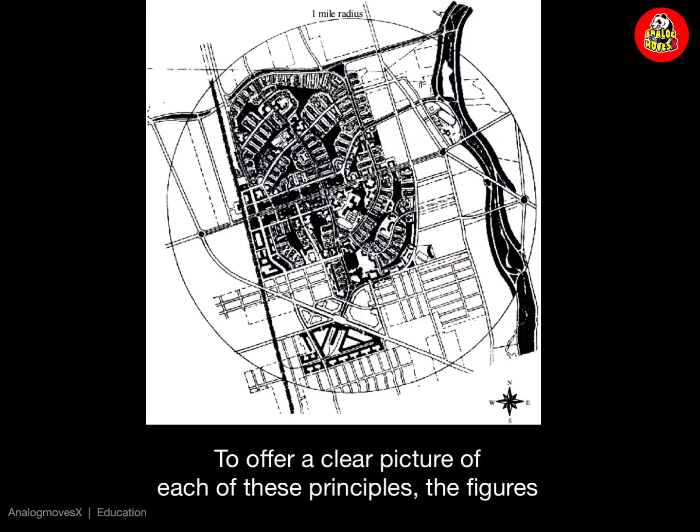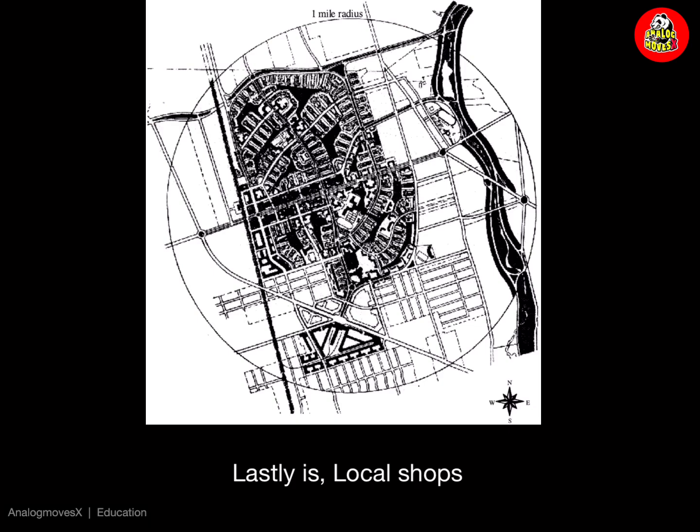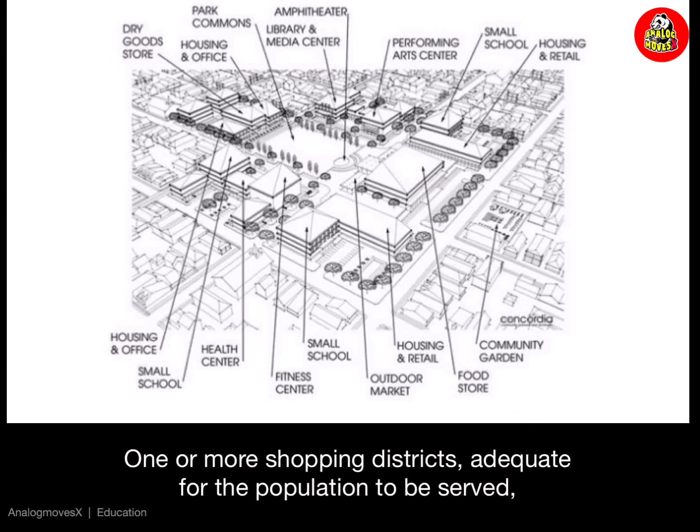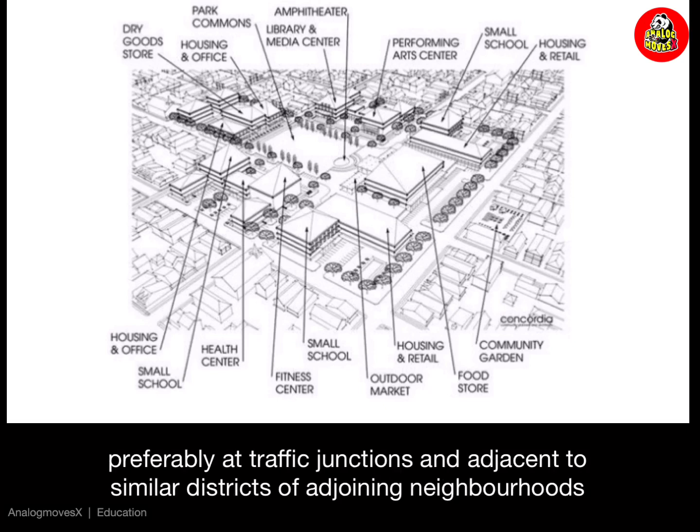To offer a clear picture of each of these principles, the figures illustrate plans and diagrams in which the principles have been applied. Lastly is local shops. One or more shopping districts adequate for the population to be served should be laid out in the circumference of the unit, preferably at the traffic junctions and adjacent to similar districts of adjoining neighborhoods.